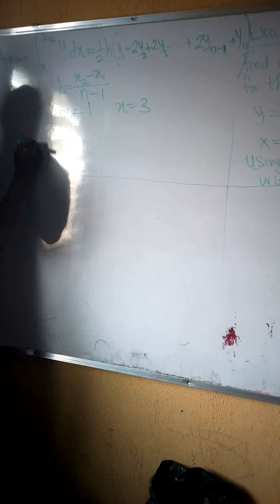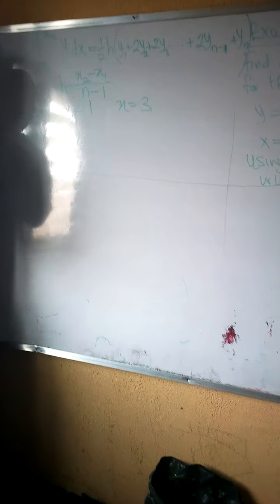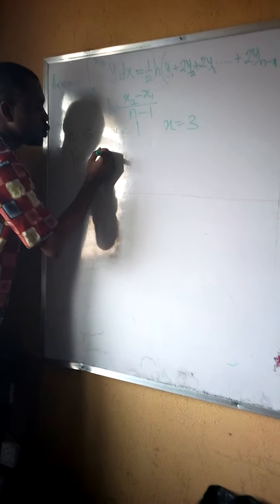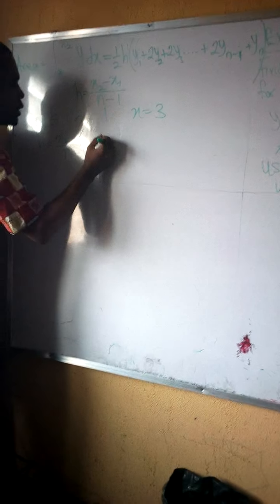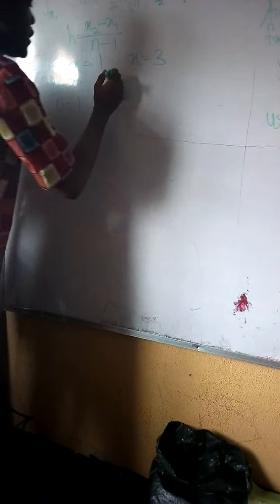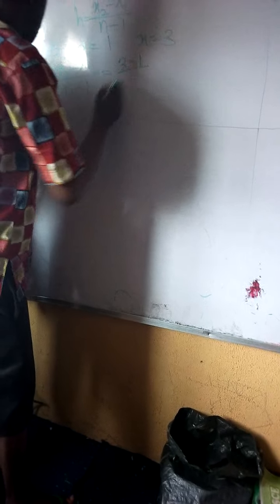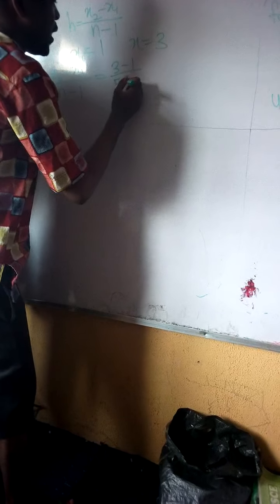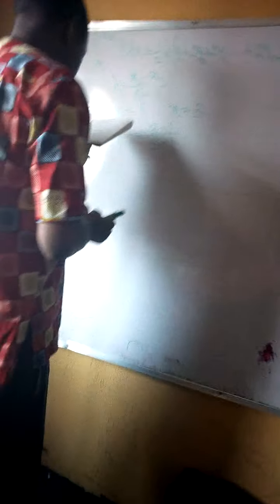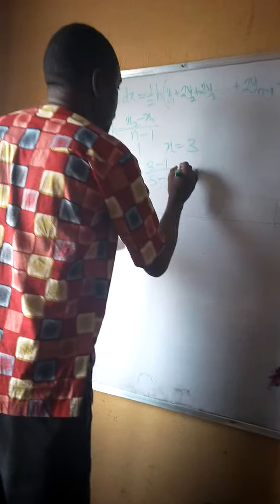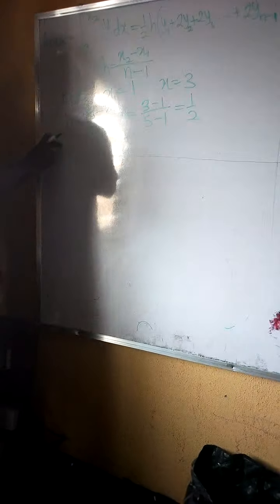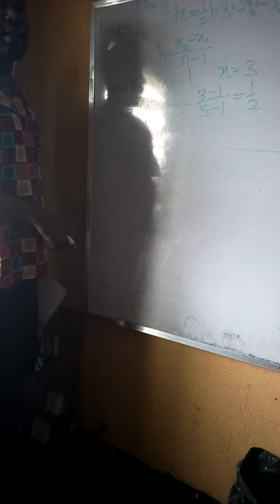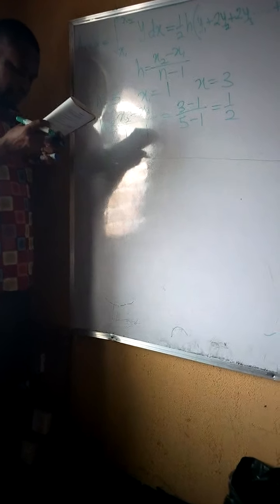So the height, or the distance between the coordinates, x2 minus x1 over n minus 1, will give us 3 minus 1 over 5 minus 1. And that gives us half. So the height, or the distance between the coordinates, is half.